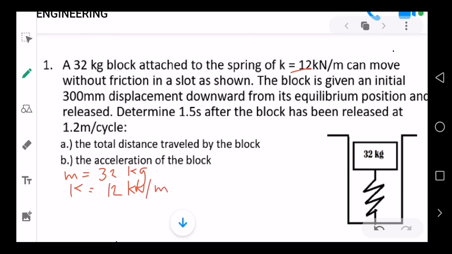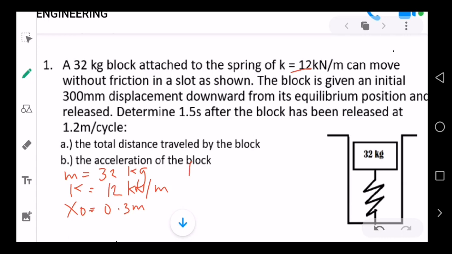The displacement, let's call this x at point 0. The time is 0. X at 0 second is 300 millimeters or 0.3 meters, para align tayo sa mga units.